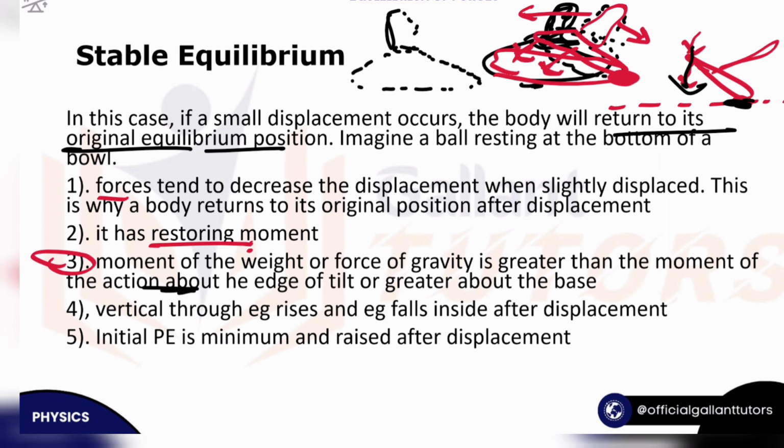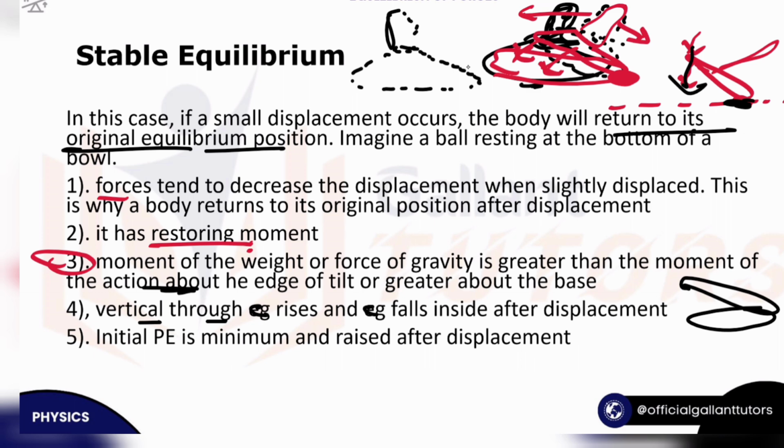Alright, so this is CG, center of gravity. The vertical through the center of gravity falls inside the base after the displacement. Let me draw it again. If it's displaced to this particular position, the center of gravity rises.